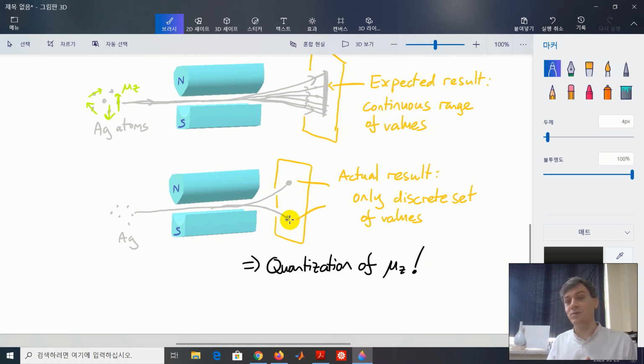And this is something which has no classical explanation, and in the next video I'm going to say what the quantum explanation for this is, although I can't give you the full details without going too deep into the quantum mechanics. But I will at least explain the basic ideas of how we can understand this very strange result.